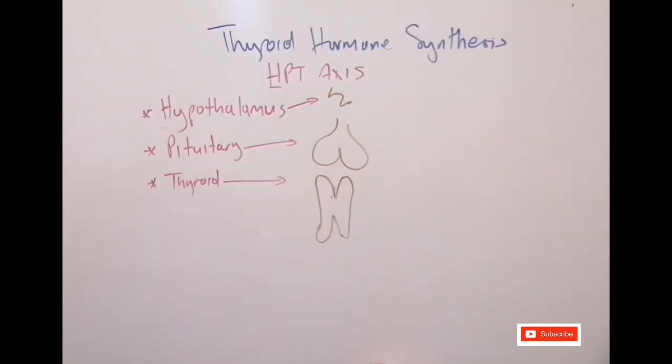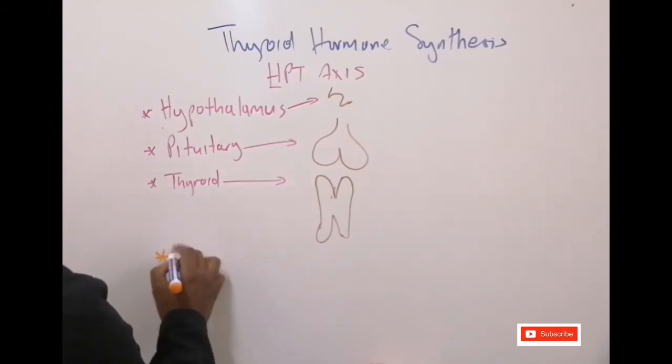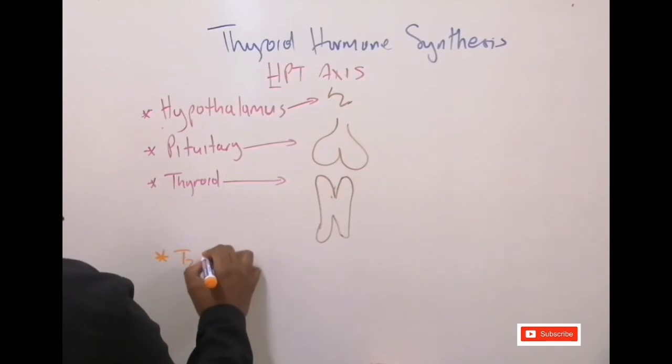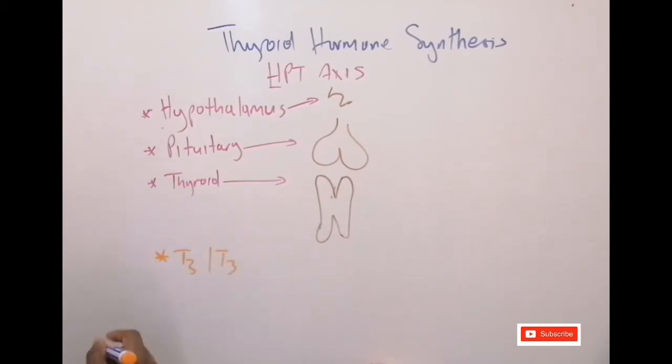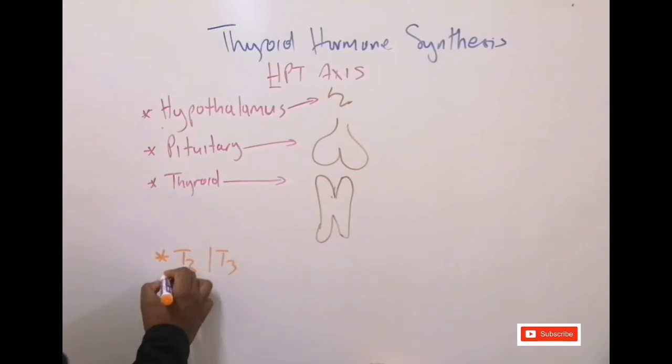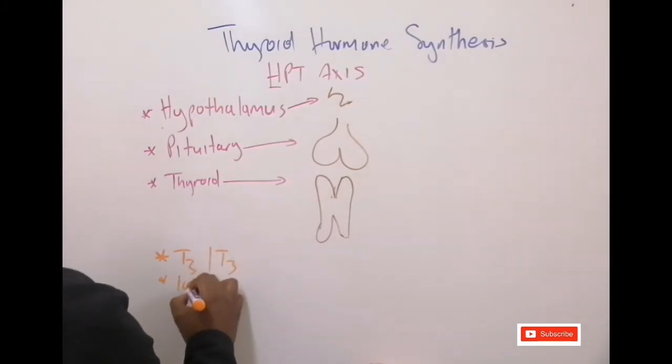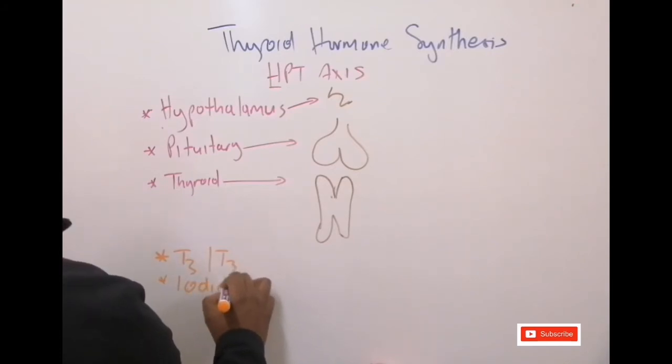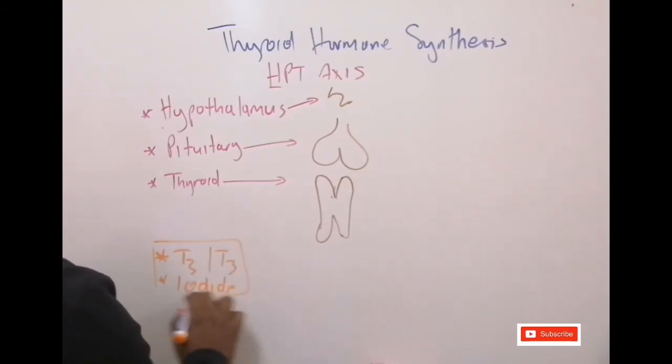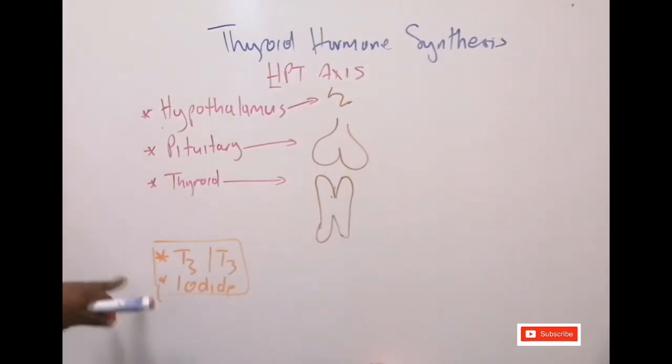So the hypothalamus, when there is a reduction in serum T3 and T4, which are thyroid hormones, or when there's a reduction of iodine in the body, will sense it and respond.